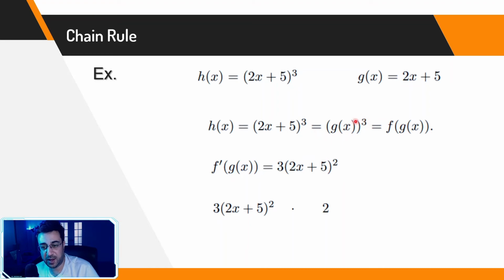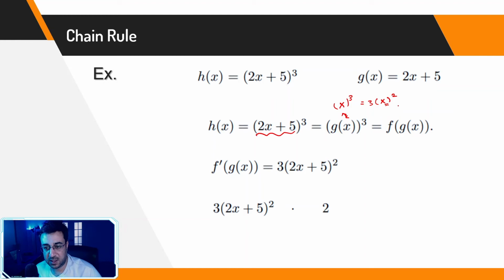You take the power n multiplied by x to the power n minus 1. How do you do the derivative for x cubed? That's 3 multiplied by x squared. But instead of x here, we have g of x.